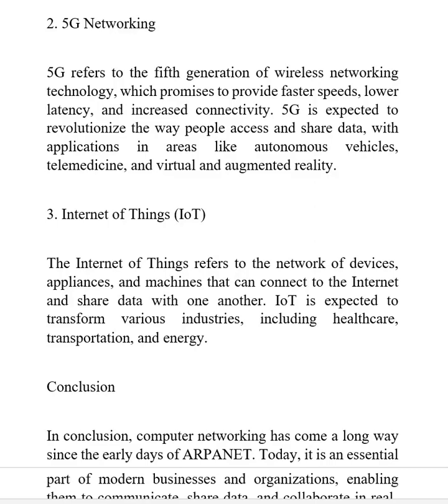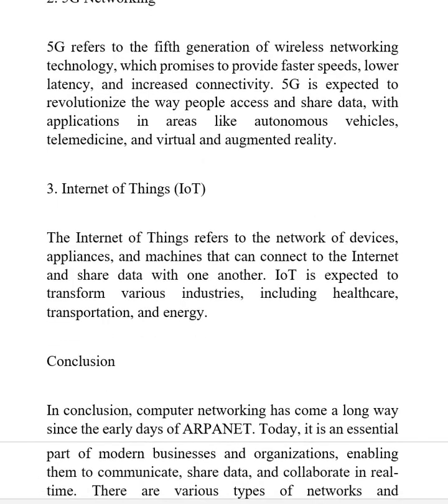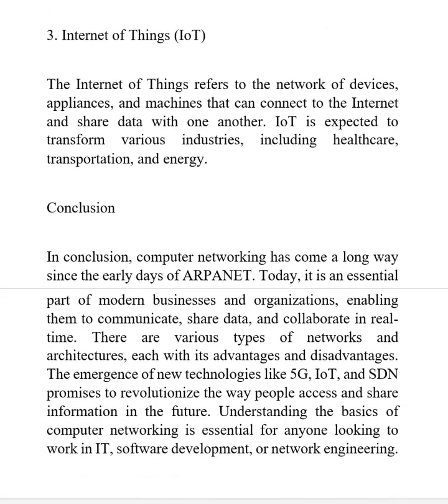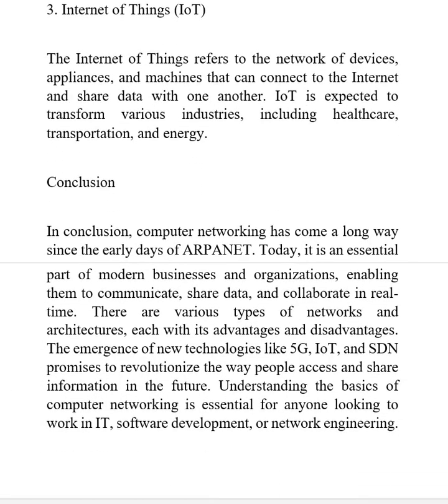Internet of Things, IoT. The Internet of Things refers to the network of devices, appliances, and machines that can connect to the Internet and share data with one another. IoT is expected to transform various industries, including healthcare, transportation, and energy.